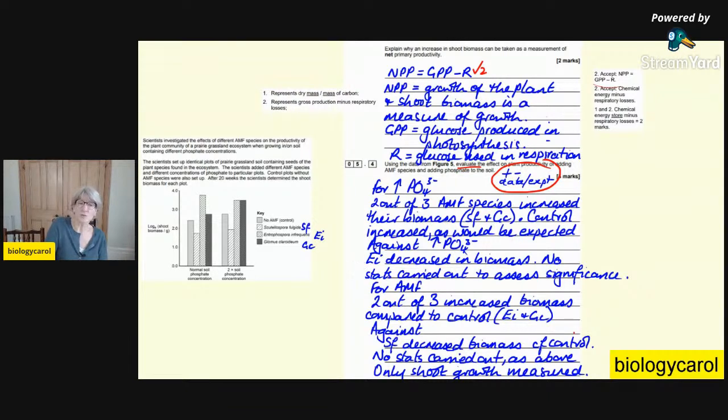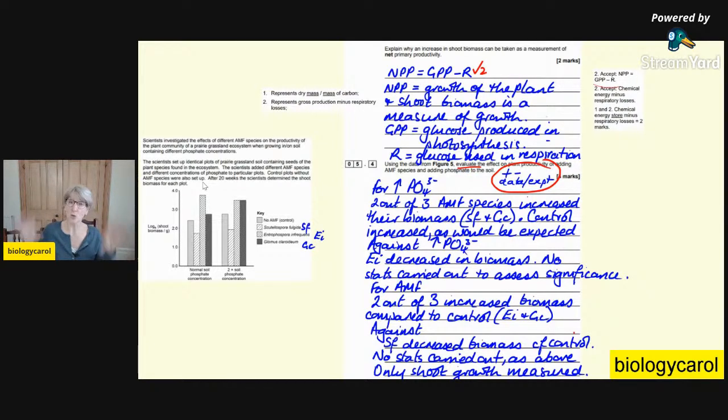And then I went on to say, now arguments for the use of AMF. So now we are just needing to look at this bit of the graph here, because of course in these plots, they've planted seeds, and then they have measured the shoot biomass after 20 weeks, and they did it in 2 different series of plots, ones with normal phosphate and ones with twice the amount of phosphate.